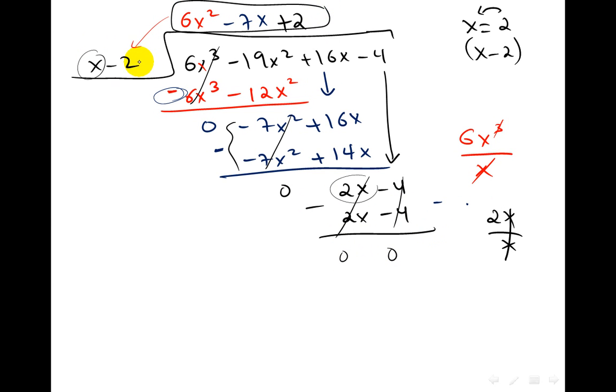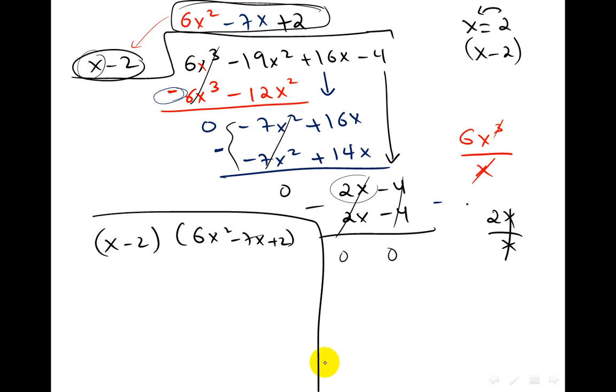Good. So now x minus 2 is a factor, and I have also another factor, which is 6x squared minus 7x plus 2. These two are factors, but this one can be further simplified. You can use this method where you have here 3x and let's say 2x. Here you have 2. I can put here negative 1 and negative 2.